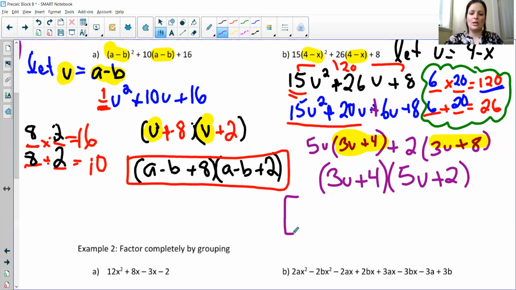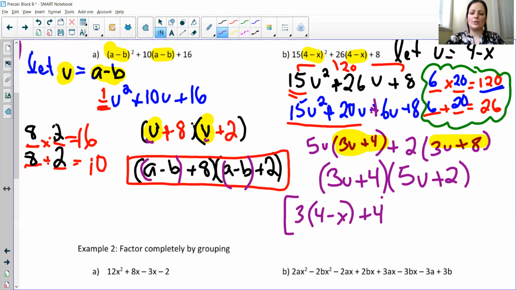So I'm going to have my 3 there, and the u is now going to be 4 minus x. So do you see how I'm substituting it back in brackets? I kind of skipped that step over here because it was unnecessary, because there was no coefficient. But when there is a coefficient, you have to substitute in with brackets.